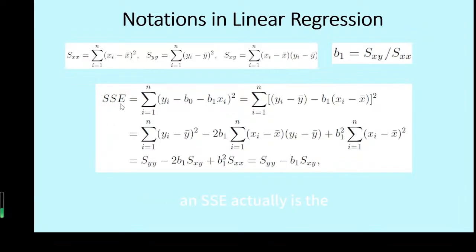And SSE is the error term between the observations of y and the fitted value of y. This error term is squared and summed, and we call it SSE. So SSE equals SYY minus B1 SXY.